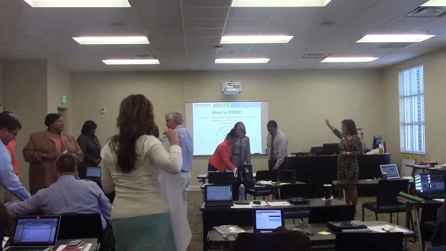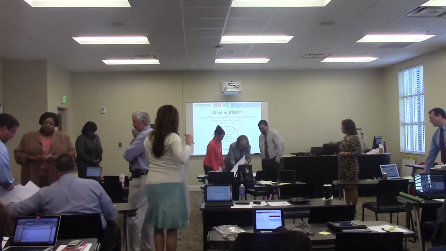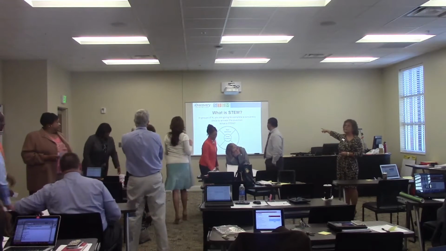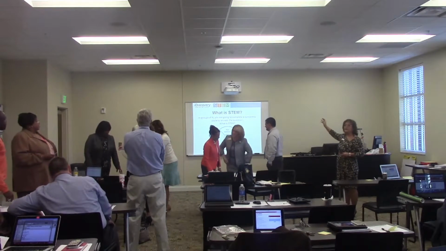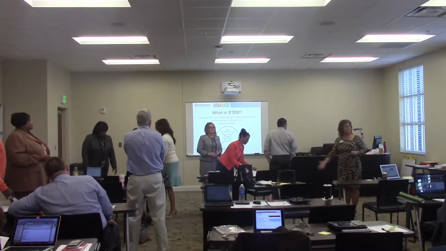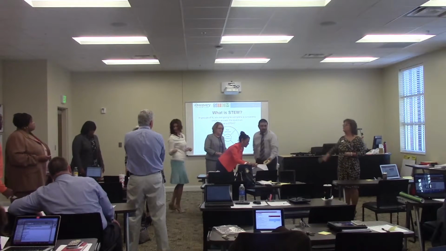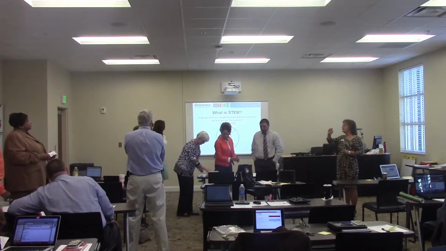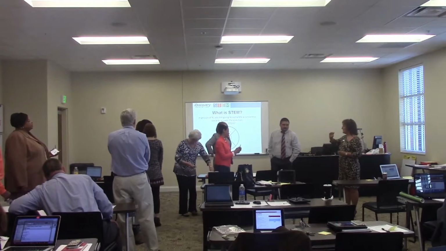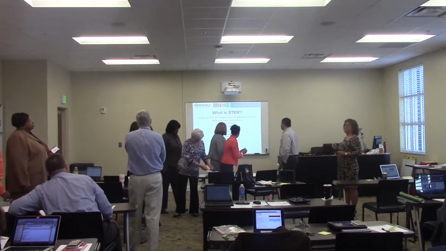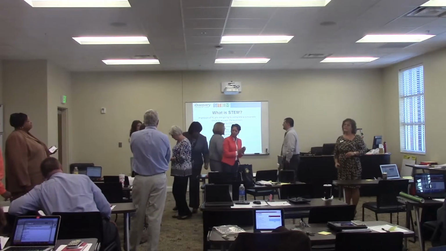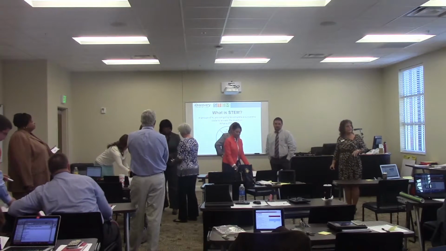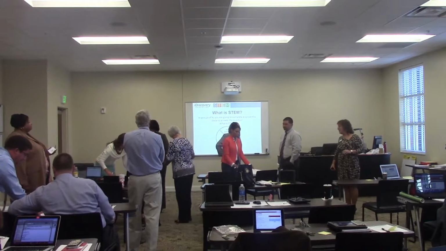Around the outside of that concentric circle, you're going to put your individual definitions. So everybody can use a different color. There's plenty of markers. And then once you all have your definition, in the center, come up with a consensus of what you think STEM is. And I'm going to give you 5 or 10 minutes. We'll see how we progress. We need to make up a little bit of time.